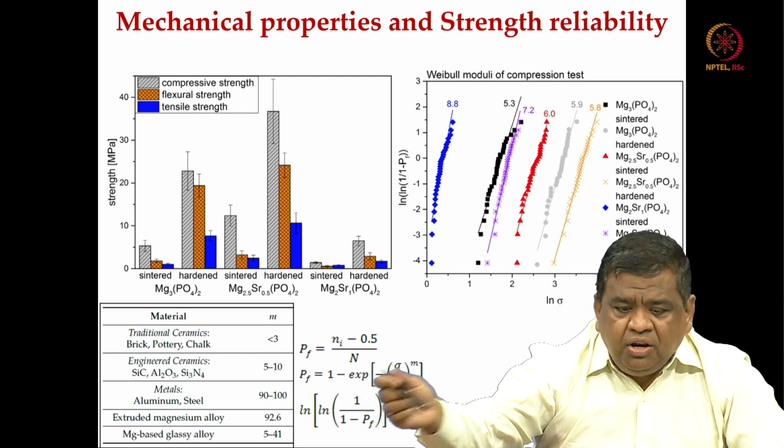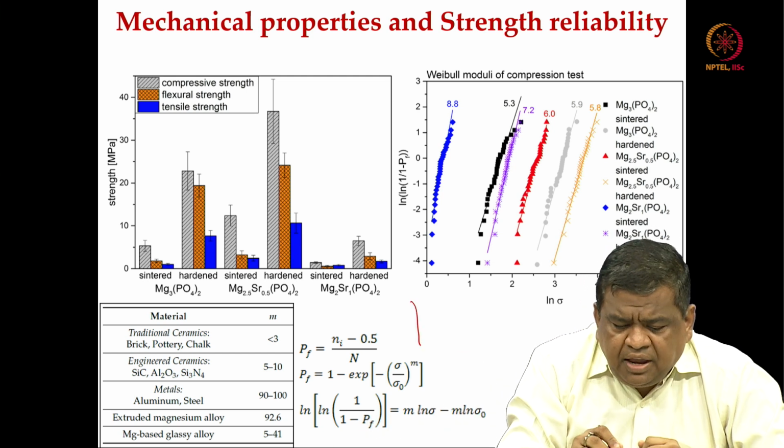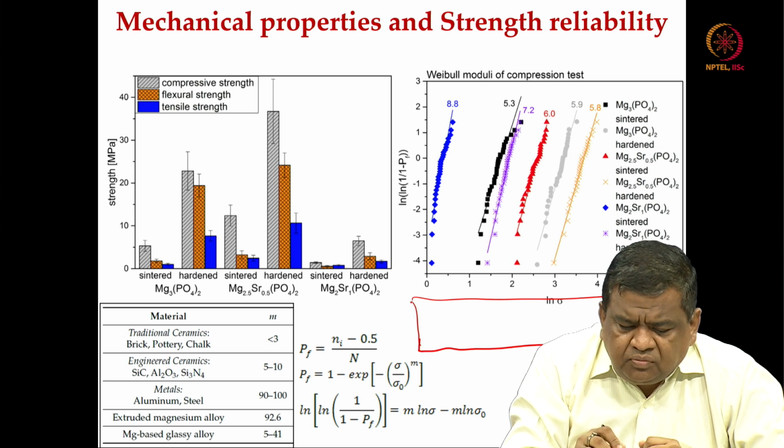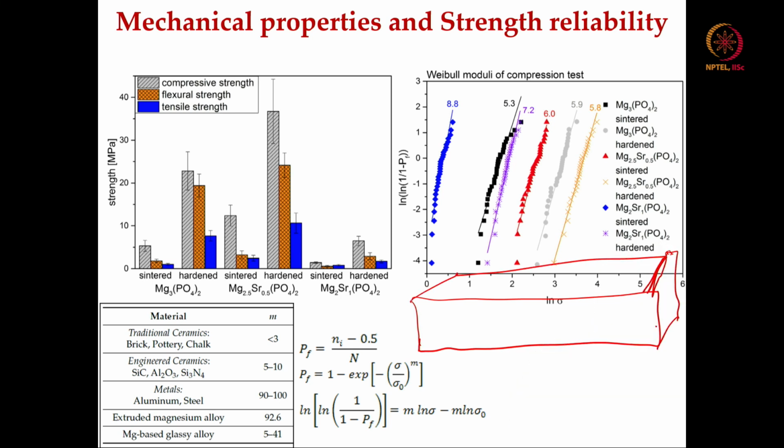Just to revisit what I have mentioned, a sample is essentially assumed to consist of a number N of volume elements, 1, 2, 3, 4, 5, and each volume element may have porosity, which is one of the classical defects in binder jet 3D printed structures.